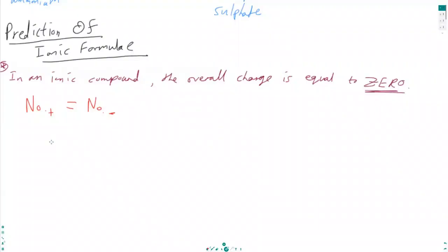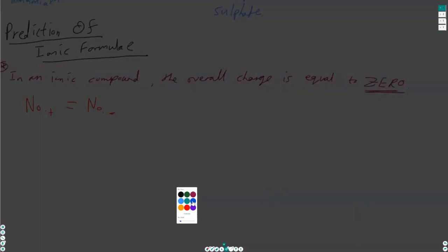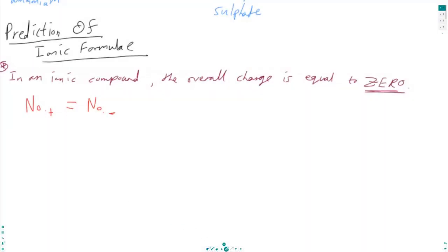So let's go with example 1. First thing is you want to do calcium chloride. Let's do the one that they gave in the book.